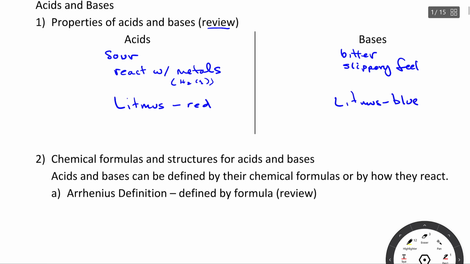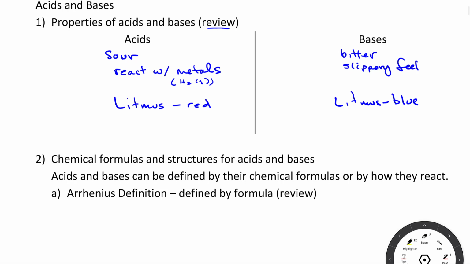Litmus is actually a lichen, and it's the pigment from the lichen that's changing color. Usually the litmus paper you use to test for an acid comes in blue form, and when you put it in the solution it turns red. For bases, it's a light red color, and when you put it in the solution and detect a base, it ends up turning blue.